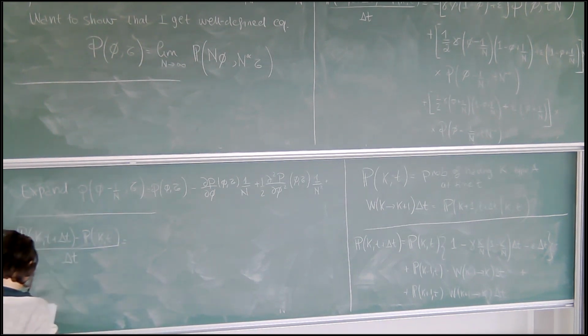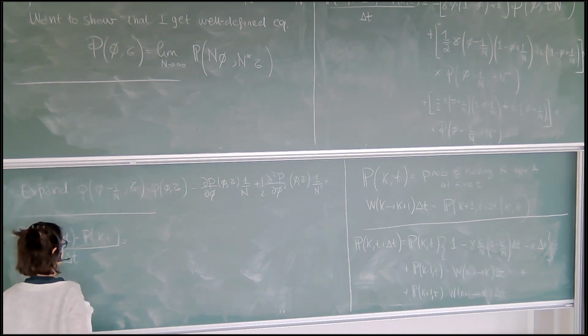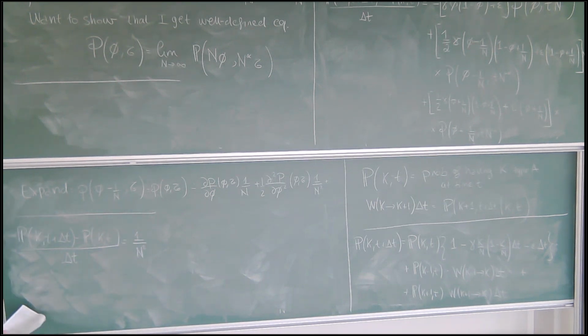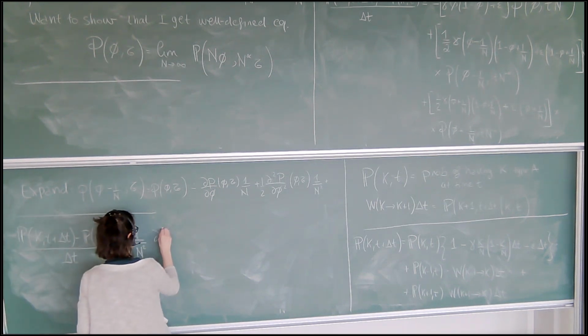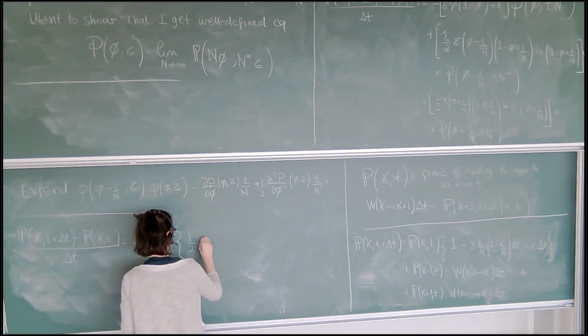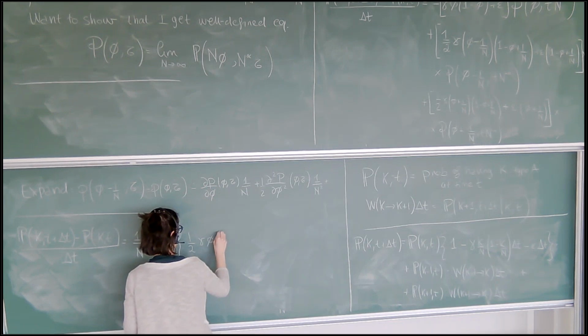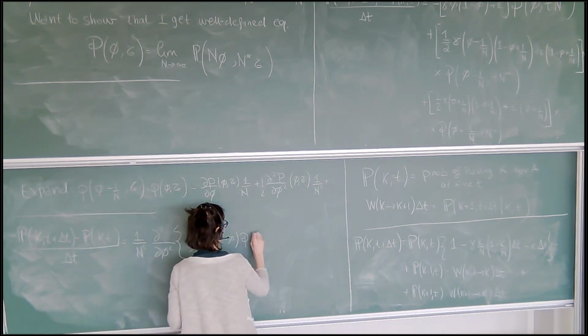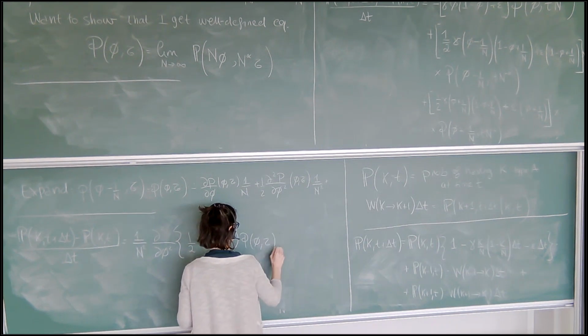And then on the right-hand side, if you trust me, you will see that you reduce everything to the following. So you have a 1 over n squared times the second derivative of your original rates times now your function evaluated at phi, tau.